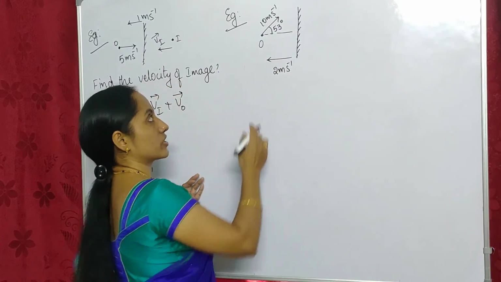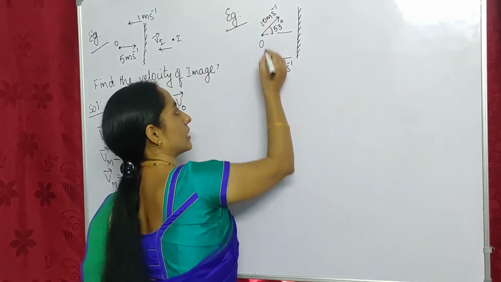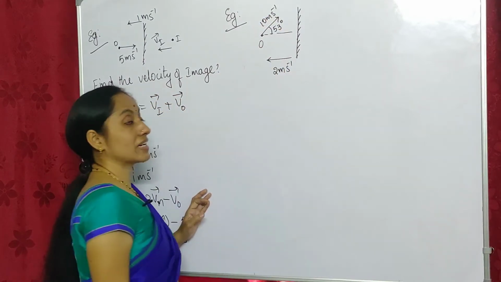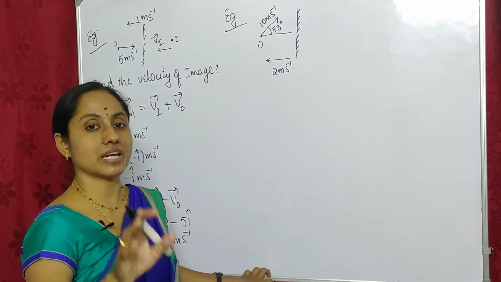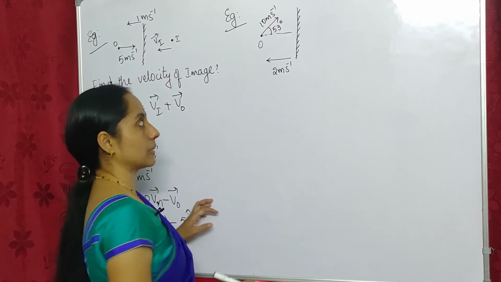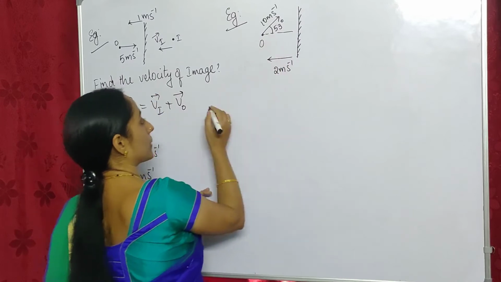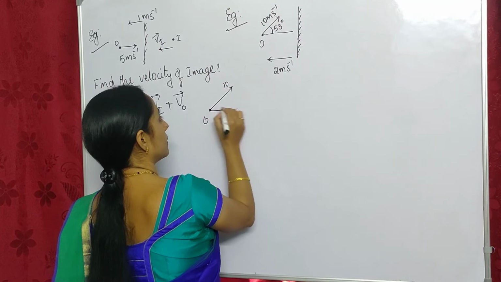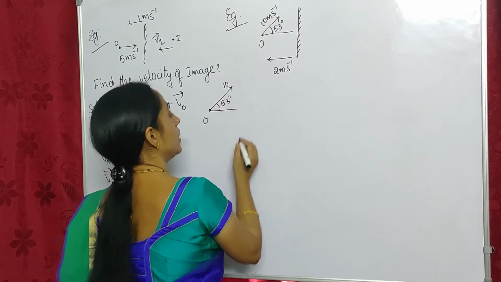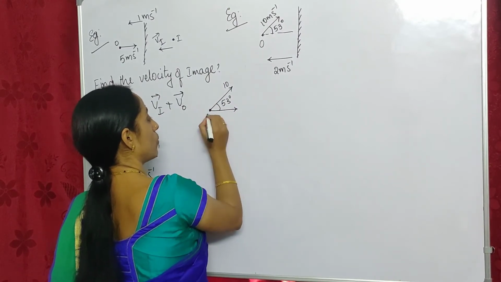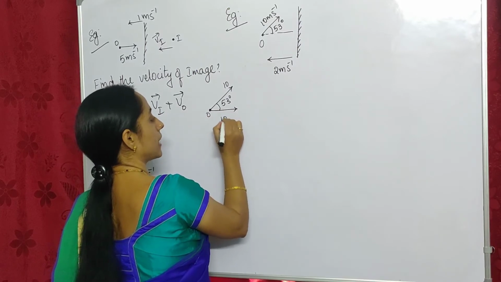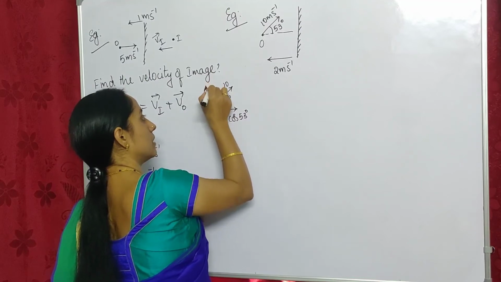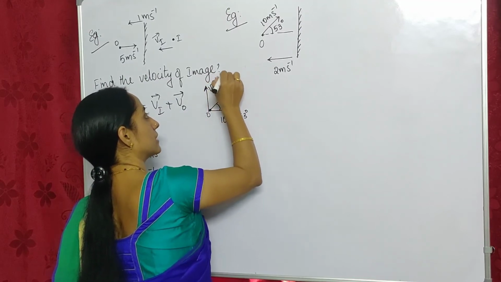Now in such situations, we know that this is a vector quantity. A vector quantity can always be resolved into two components whenever it makes an angle with the horizontal. Now resolving this into two components, I am just drawing this here, O, 10 and here it is 53 degrees. So this part becomes 10 cos 53 degrees and this becomes 10 sin 53 degrees.